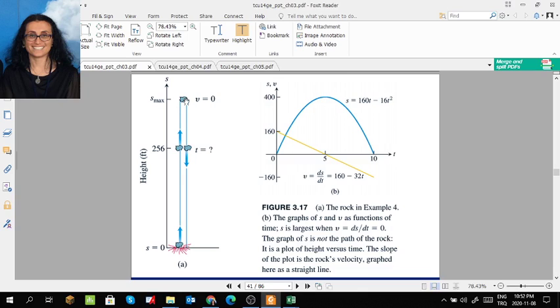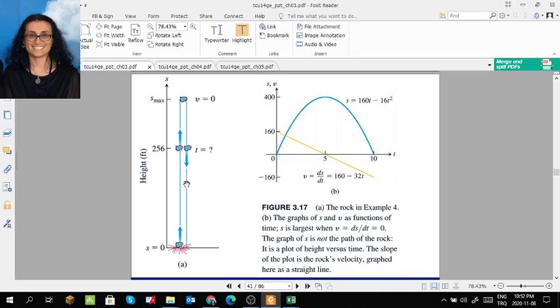At time t equals 0, there's a rock and you're throwing it up, and it's going to go to the maximum distance from the ground, and then the velocity is going to be 0, because if the velocity is 0, then it's going to stop at its maximum, and then it's going to start dropping down.